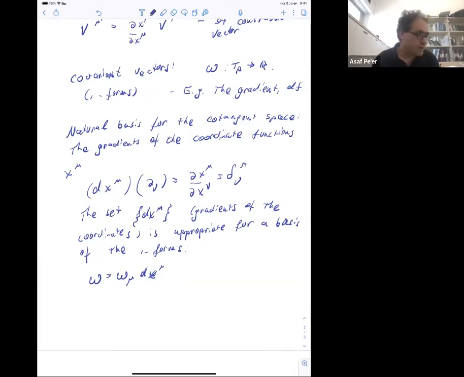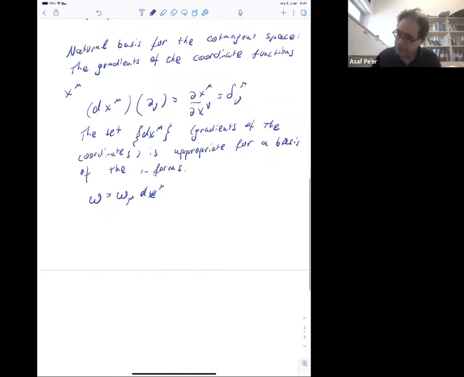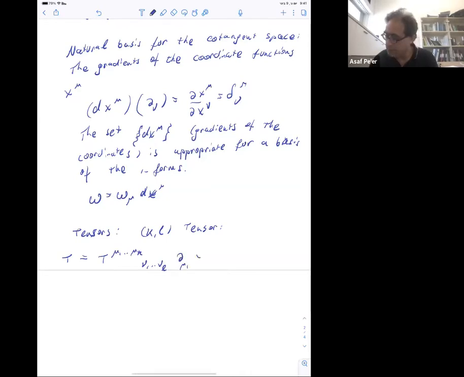Then the generalization for tensors is pretty straightforward. So for a K L tensor, just writing T as the components T mu 1 ... mu K, nu 1 ... nu L, and then the coordinates, which would now be d over dx mu 1, external derivative, d over dx mu K, external derivative, dx nu 1, dx nu L. This is the symbol I use for external derivative.